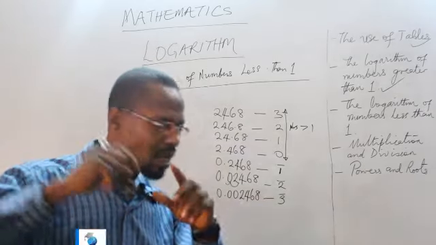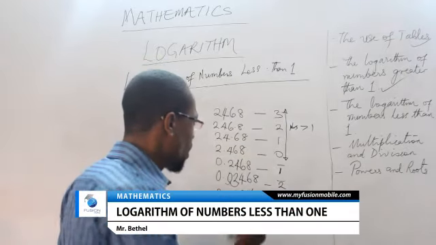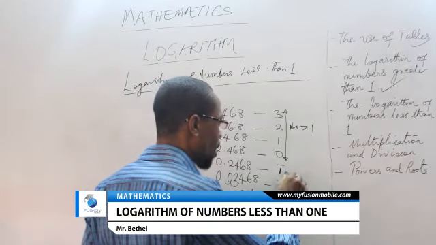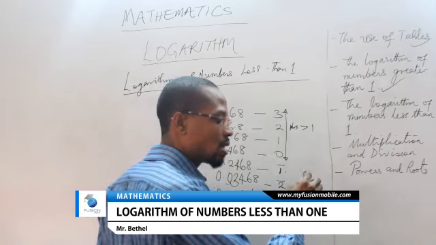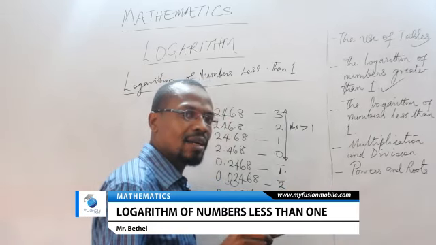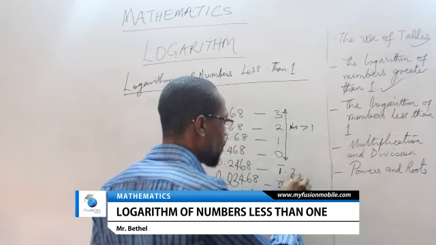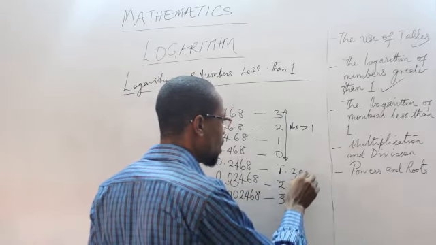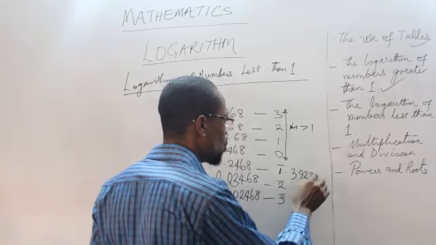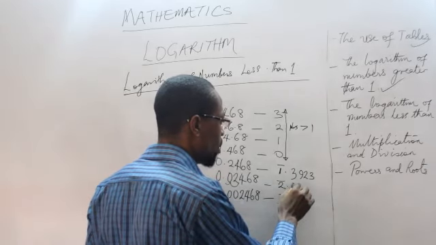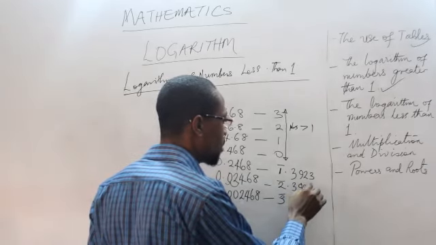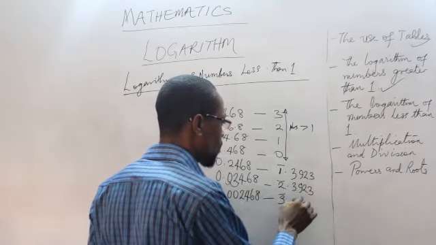Do you remember the mantissa of the other one? Okay, we had our mantissa as what? Go back, replay the video. Your mantissa was 3, 9, 2, 3. Okay, 3, 9, 2, 3.